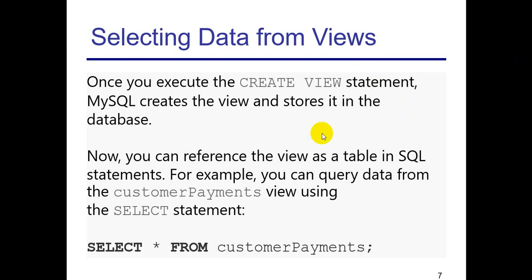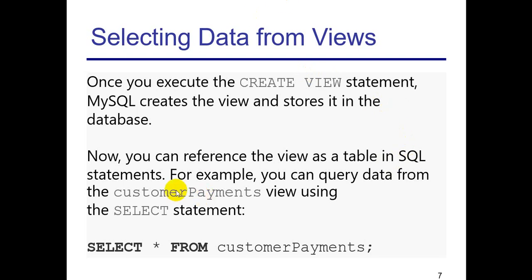When you want to reference them and select the data from this view, you select it similarly as you do from the tables. The same syntax and the same mechanism is used to select the data from customer payments as well.